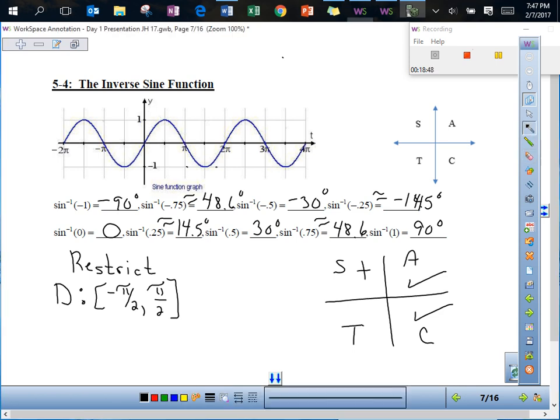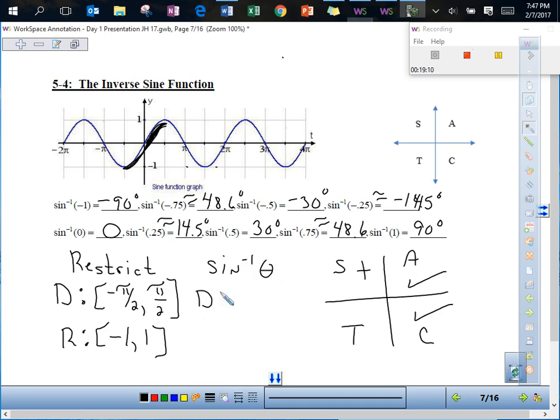But if I use the first quadrant and the fourth quadrant, there it passes the horizontal line test. So the range will still be -1 to 1. For the inverse sine then, the domain is going to be -1 to 1. The range is going to be negative pi halves to pi halves.